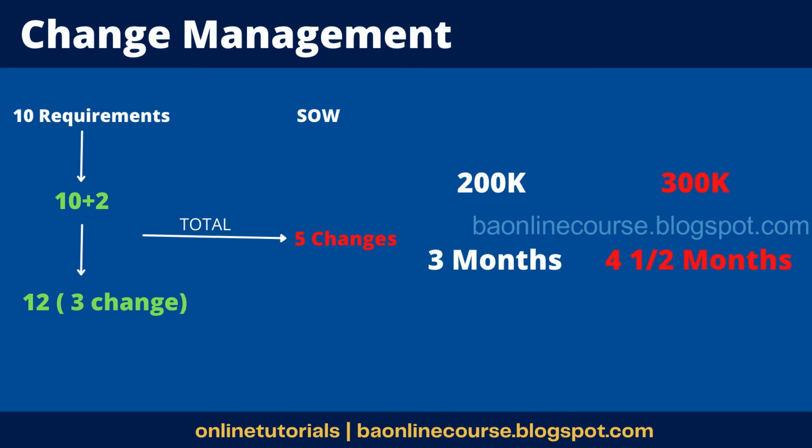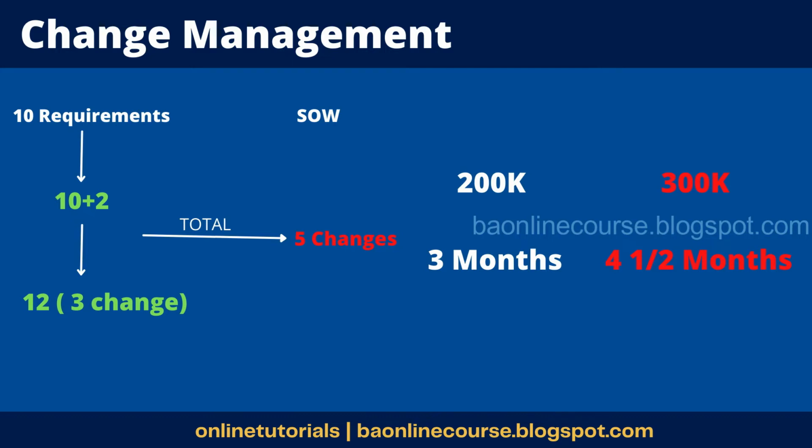So on an average, let's say all 10 requirements are equal, so it's basically costing us 20K for each requirement. Now with 2 features coming in, your project cost could have gone up to 240K, and with 3 requirements changing, I could add, let's say, another 60K.